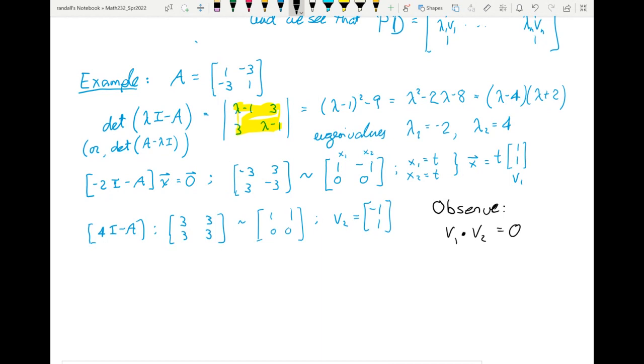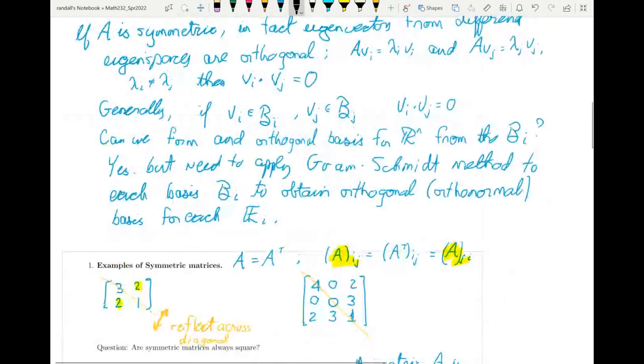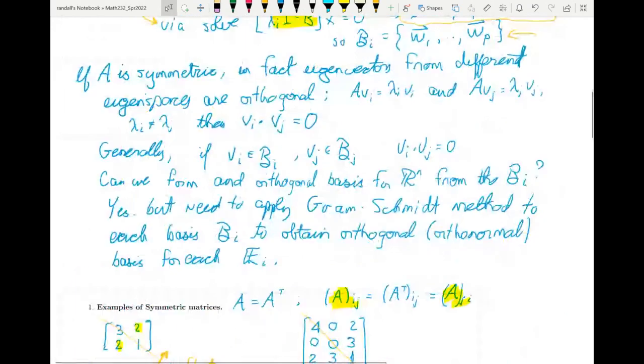Remember, orthogonality is stronger than linear independence. So that's our observation of the fact above, that eigenvectors corresponding to different eigenvalues, that's way up here now. This third fact here: eigenvectors corresponding to different eigenvalues are in fact orthogonal.